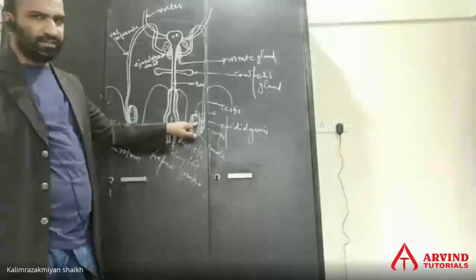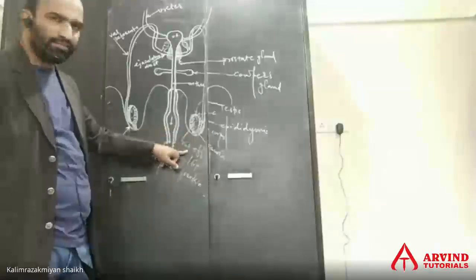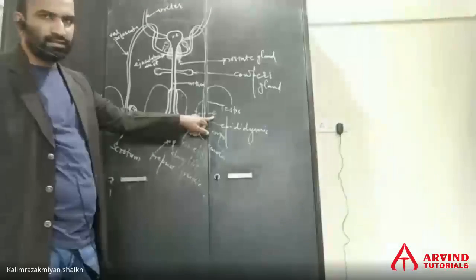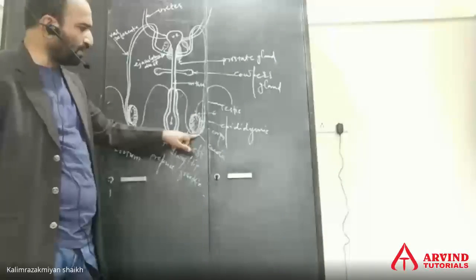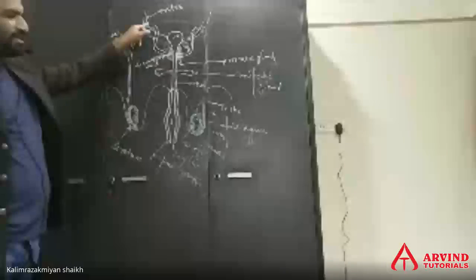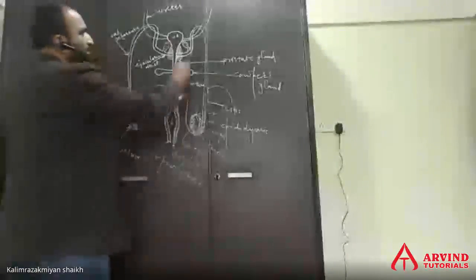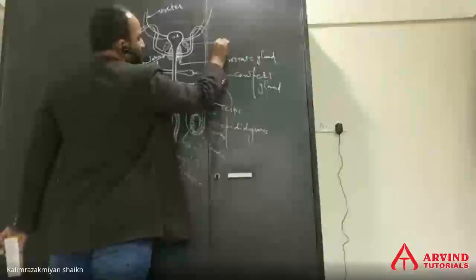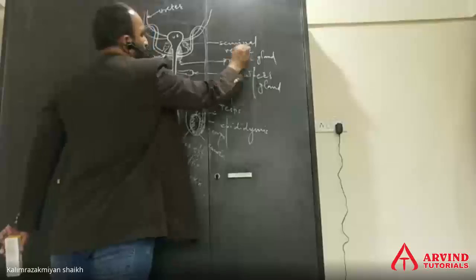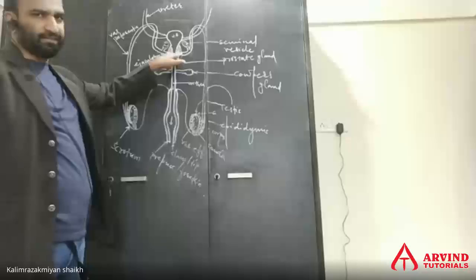After production in the testis, sperm enter the vasa efferentia. From the vasa efferentia they enter the caput, corpus, then cauda, and from the cauda they enter the vas deferens. The vas deferens carries sperm to the ejaculatory duct. There is a gland present called the seminal vesicle. This gland secretes seminal fluid into the ejaculatory duct.